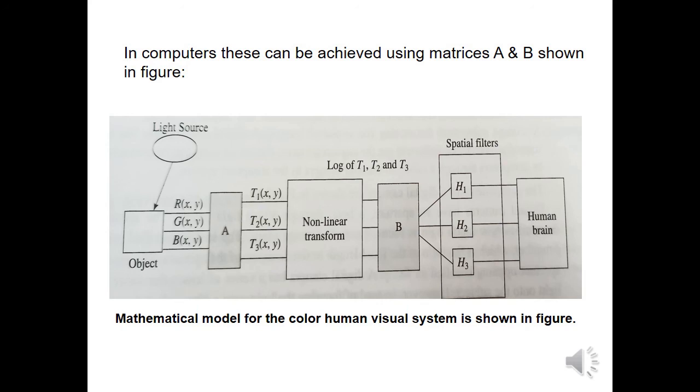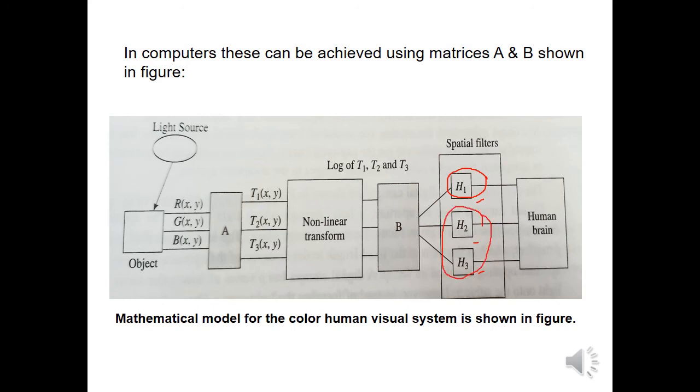There are two matrices, A and B. Logarithms are applied to get the outputs H1, H2, H3. Here you can see that the component H1 is the monochrome part that represents the intensity component, and the components H2 and H3 are chromatic components.